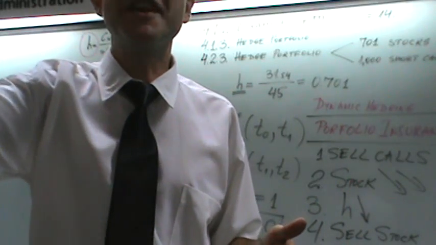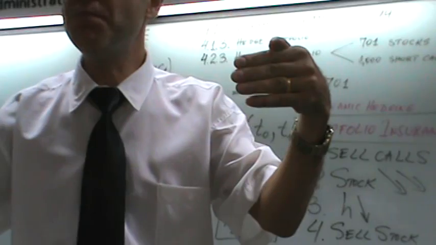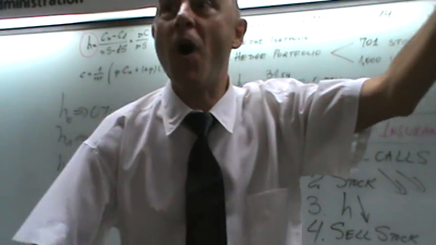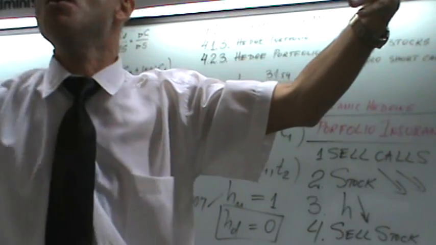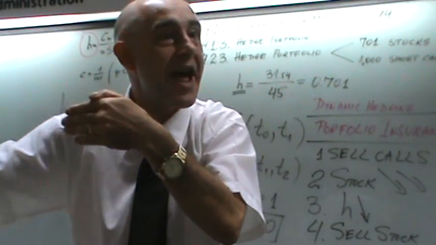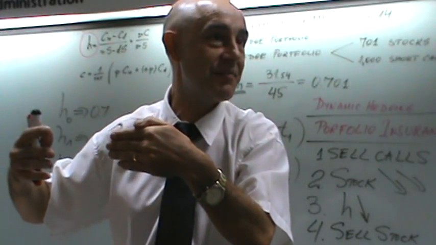So, what you get is a feedback loop where stock selling causes, by dynamic hedging, more stock selling, and this more stock selling through dynamic hedging forces even more stock selling. Okay?